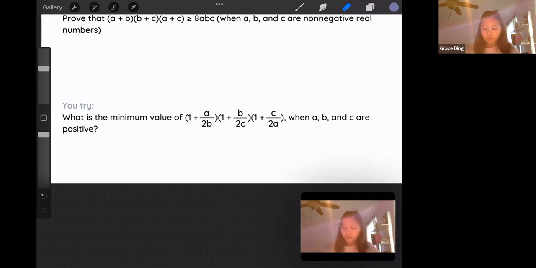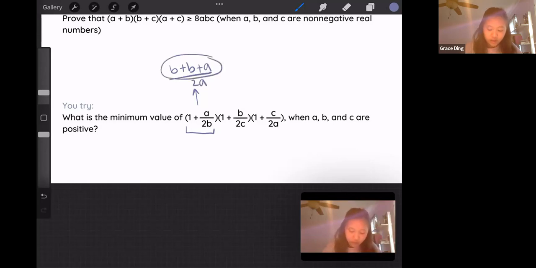This one is more challenging than the other ones, so I'll give you guys a hint. If we just focus on this first term, you can rearrange this to get this. And then if you focus on this part and just plug it into the formula, you should get an expression. And then when you multiply it, you should get a minimum value.